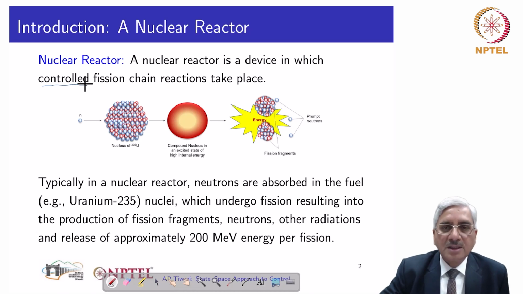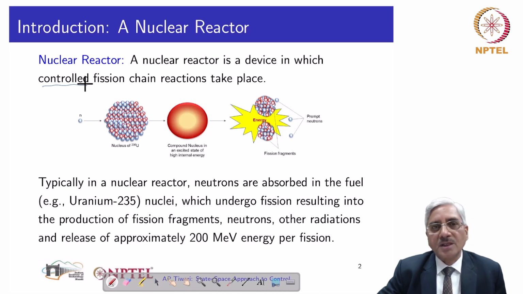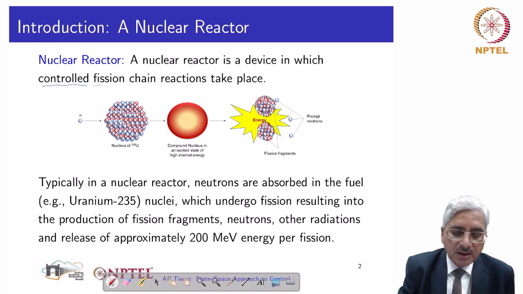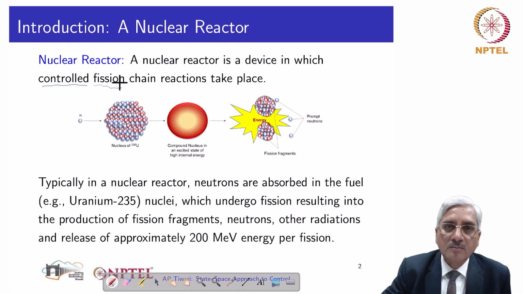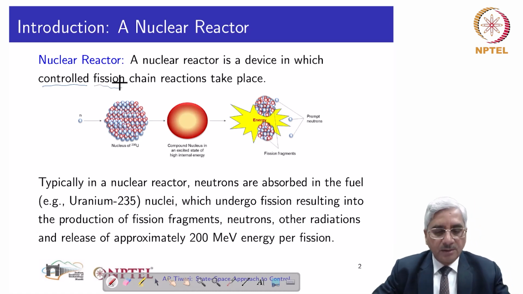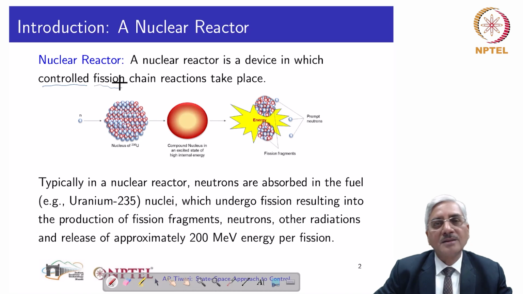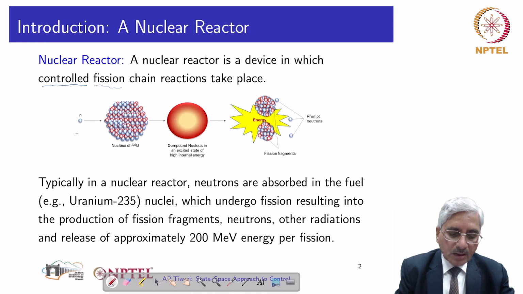One is fission and the other is fusion. Most of the nuclear reactors operational today are fission reactors. And in the nuclear reactor, the fission reaction chain is established and thereafter maintained so as to produce constant flux.